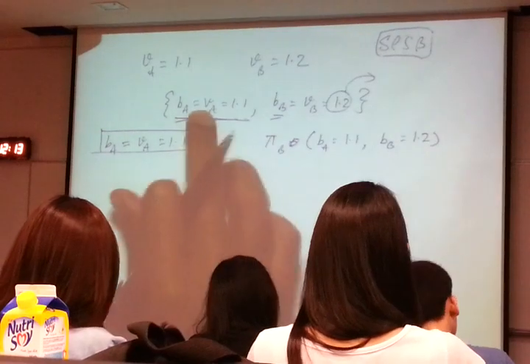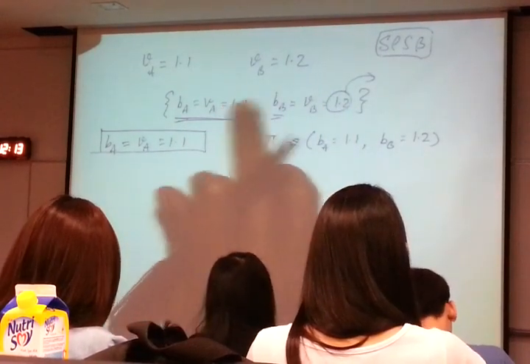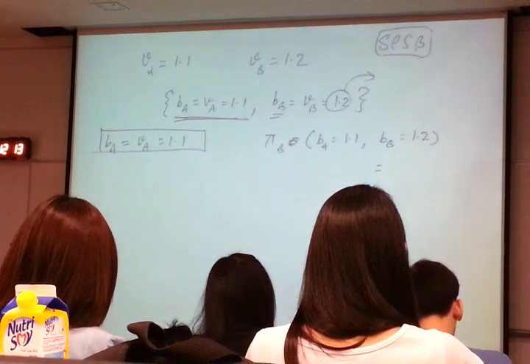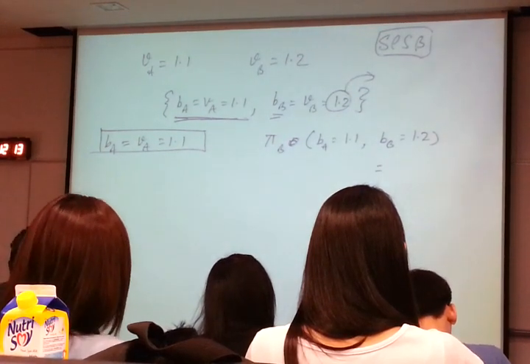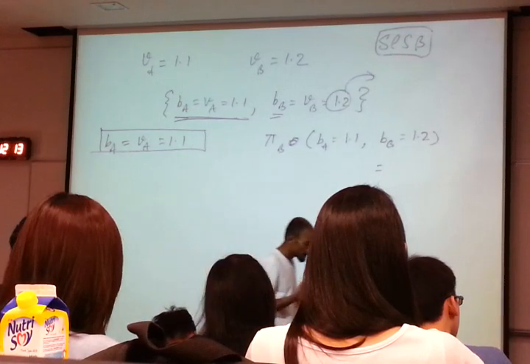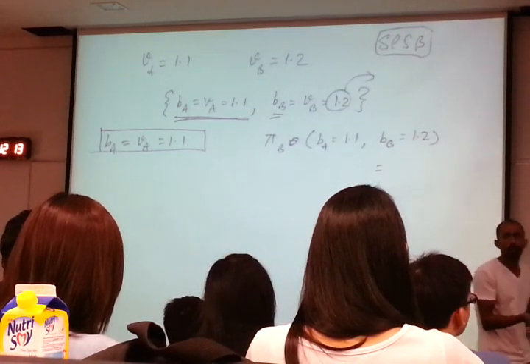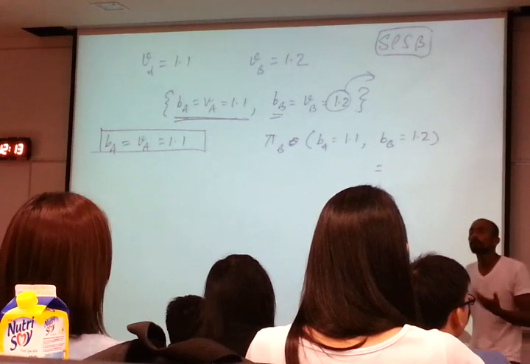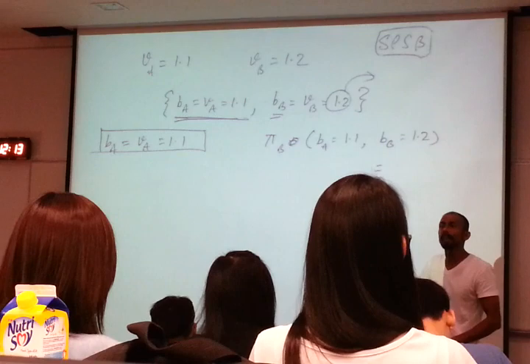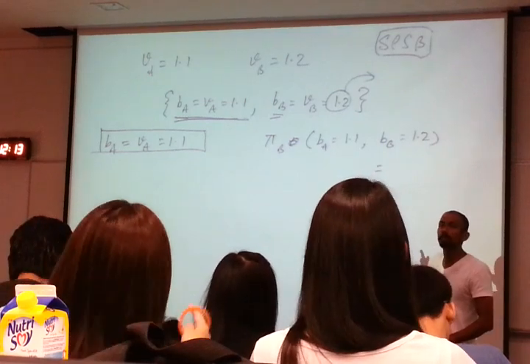Let me first figure out what is the payoff with this pair of strategies to Bert. Alex is bidding 1.1, Bert is bidding 1.2. Who will win the auction? Bert will win the auction. He has a higher bid. But this is a second price auction. Will he pay how much he bids?